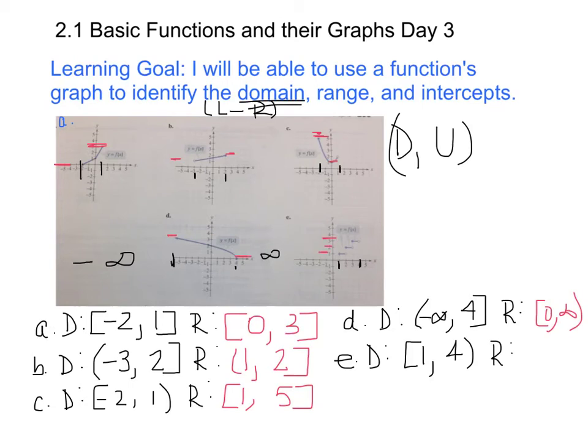You can't really do interval notation when it's broken up, so you just list them out: 1, 2, and 3. You can either list them separately, or you can use brackets for each one, but you can't put them together. So I'm going to put or. And that's domain and range.